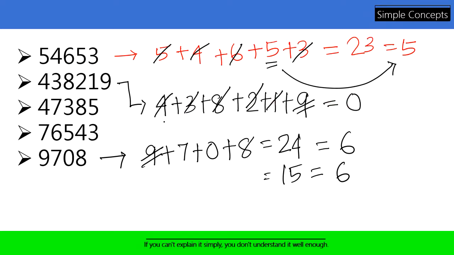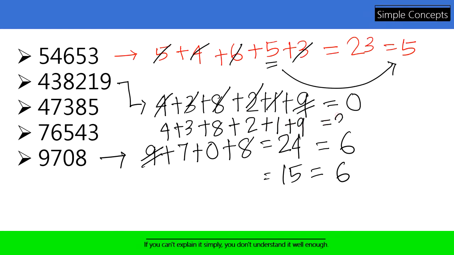If you manually keep adding it, you will find either 9 or some multiple of 9. Let's do it manually so that our doubt is cleared. I'll do 4 plus 3 is equal to 7, plus 8 is equal to 15, plus 2 is equal to 17, plus 1 is equal to 18, plus 9 is equal to 27.